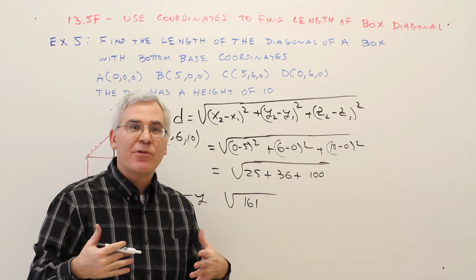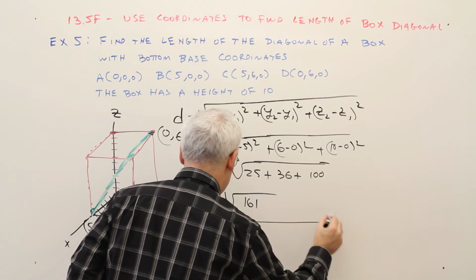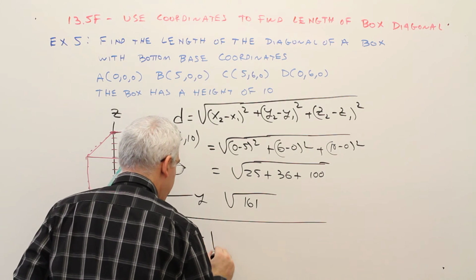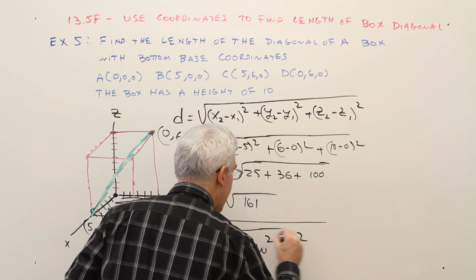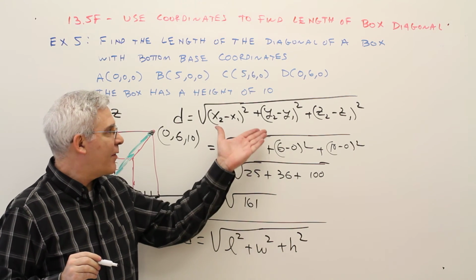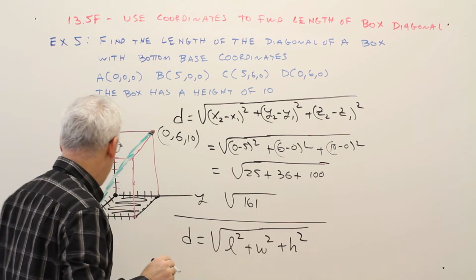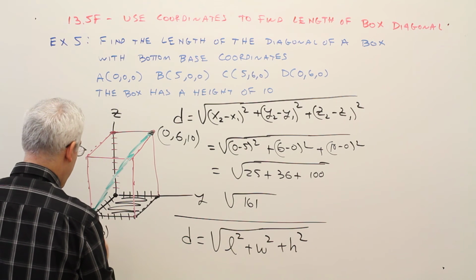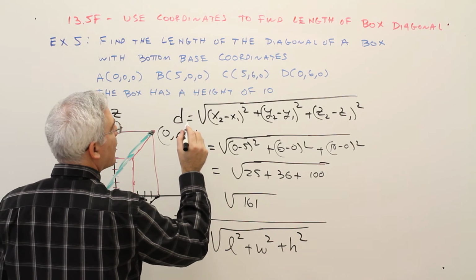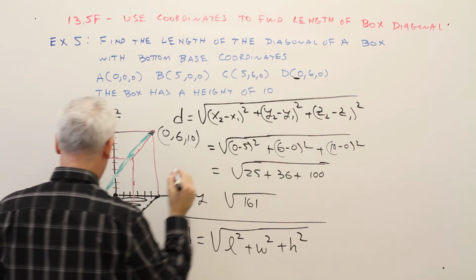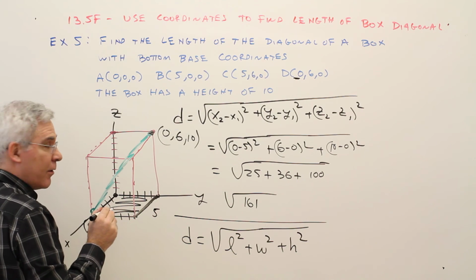Now let me show you a little bit more intuitive and quick way. The diagonal is simply the square root of L squared plus W squared plus H squared. It's really the same thing going on here: length, width, and height. So if I went from an x coordinate of 5 to an x coordinate of 0, that's 5 units in that dimension.